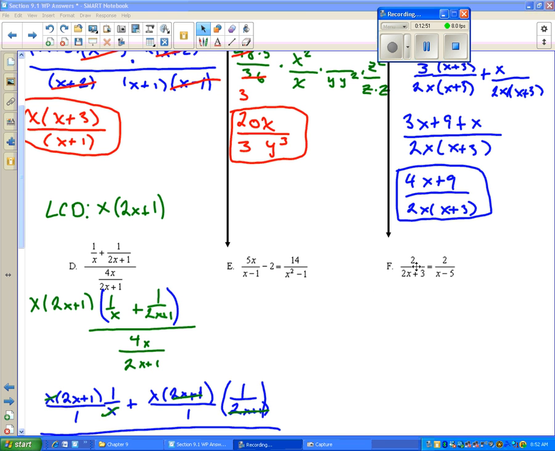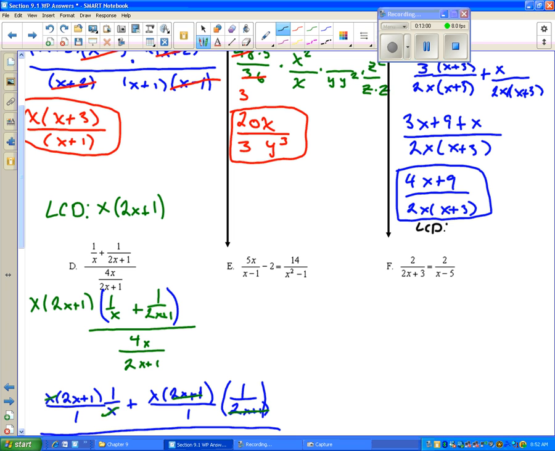So letter F, this is a problem that is set up so that if you really wanted to, you could cross multiply. I'm not going to. I'm going to do it in the same format. My LCD is 2x plus 3 times x minus 5. That gives me this denominator and this denominator. So I have to multiply my entire equation by my LCD of 2x plus 3 times x minus 5.